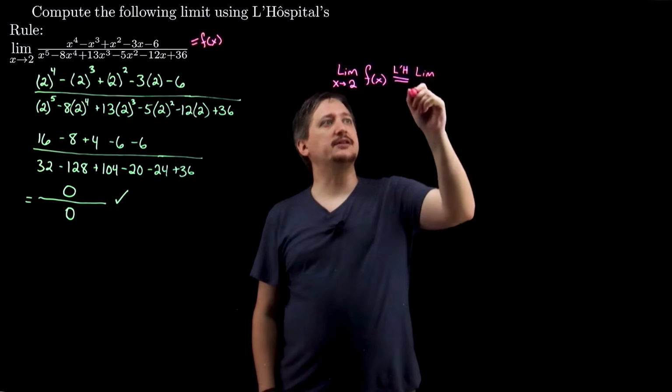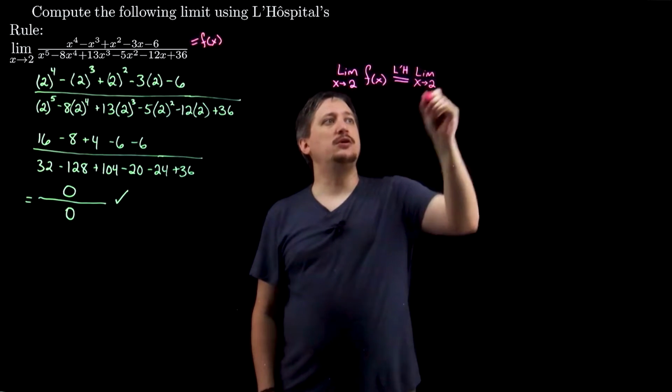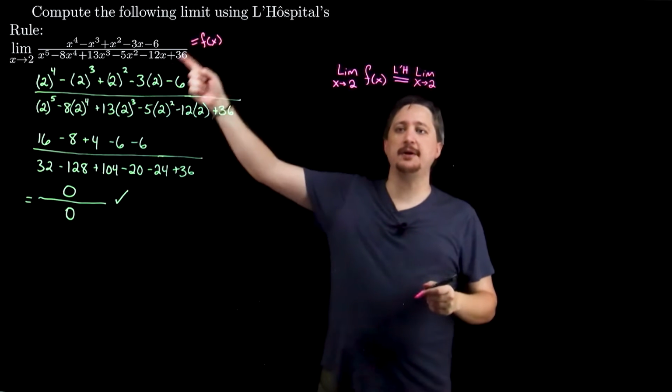But nonetheless, I get the limit as x goes to 2 of, now I take the derivative of the top and bottom separately.